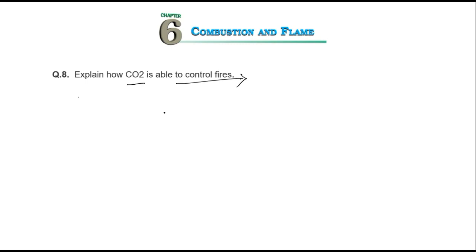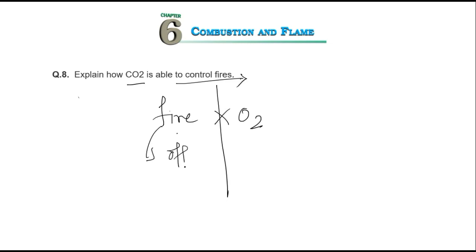Because we know that combustion, fire, requires oxygen to support it. So if you disconnect oxygen from fire, then the fire will go off. That work is done by carbon dioxide. Carbon dioxide is heavier than oxygen.